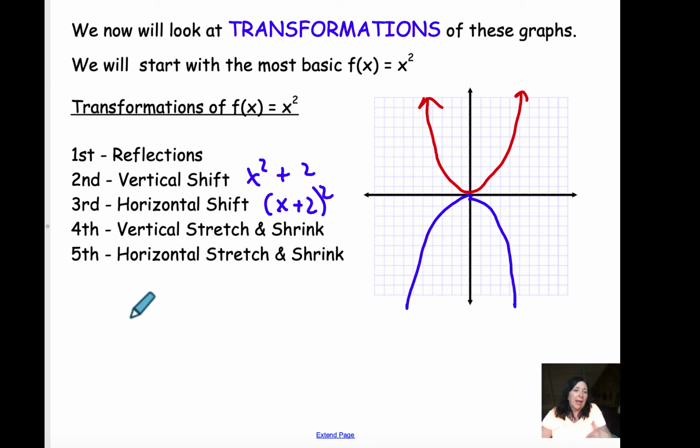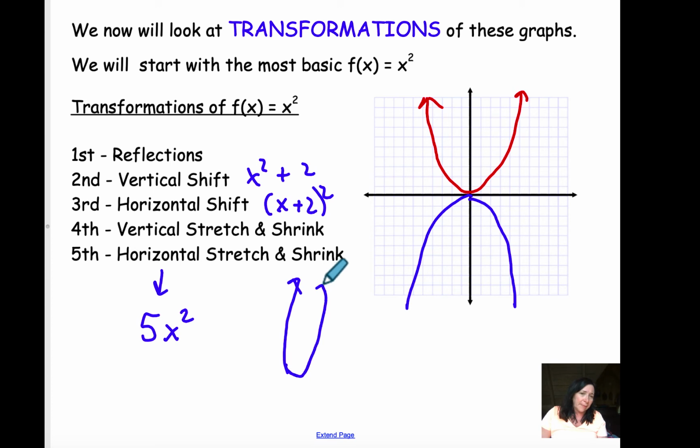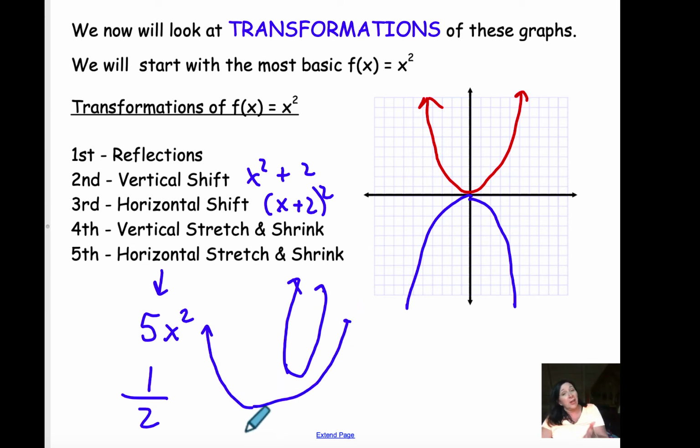So you could look at it both ways, but specifically, what you need to remember is that any number outside of your x squared, the higher that number is, the steeper your parabola will be. The smaller the number, the wider your parabola will be. It's almost like a slope, like up 1, over 2.